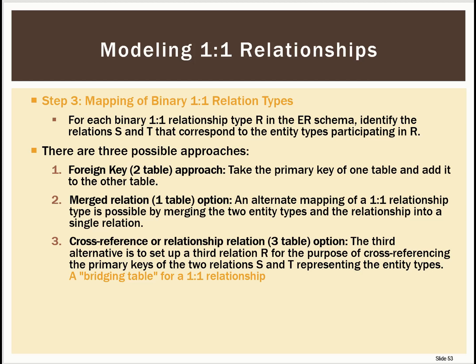So 2 things are at stake here. The purity of the information. In other words, student table only has student information. Patient table only has patient information. The most pure option would be option number 3, the 3-table option. But it's also the most expensive in terms of joins.